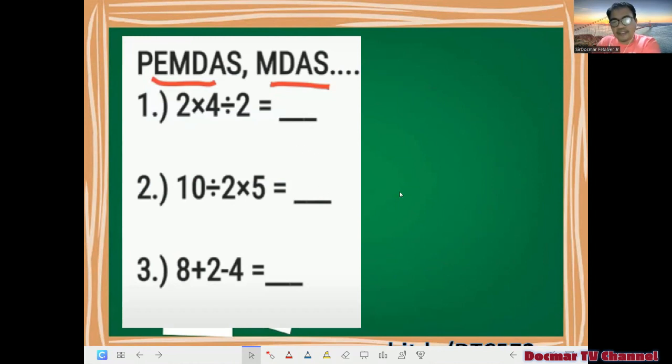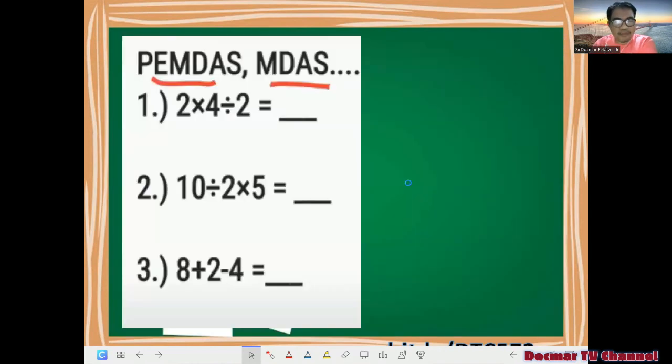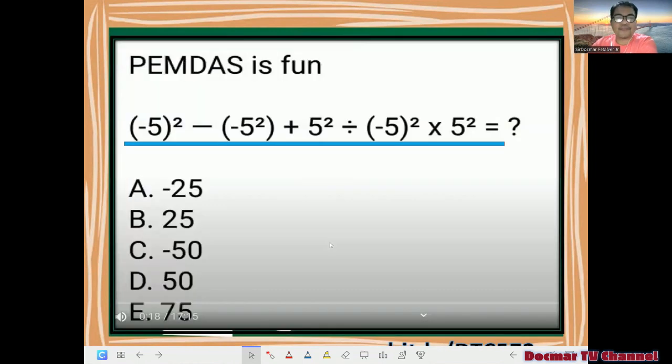What about number 2? Number 2 is 10 divided by 2 equals 5, times 5 equals 25. And number 3, this one is also following the rule from left to right. 8 plus 2 equals 10, minus 4 equals 6. So it's so easy. We just follow the rule of PEMDAS or MDAS.